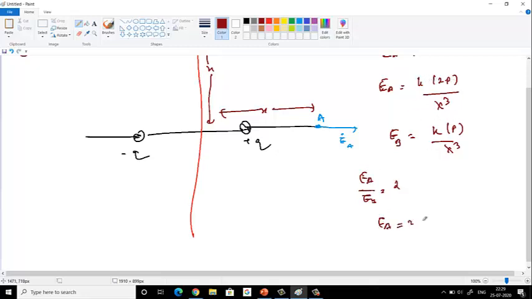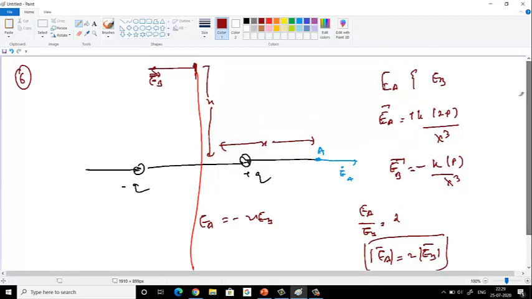So EA is equal to 2 times EB. If they ask you with the sign, then you put minus here and plus here, and you'll get EA is equal to minus 2 times EB. Fine. For now, the answer is EA is equal to 2 times EB.